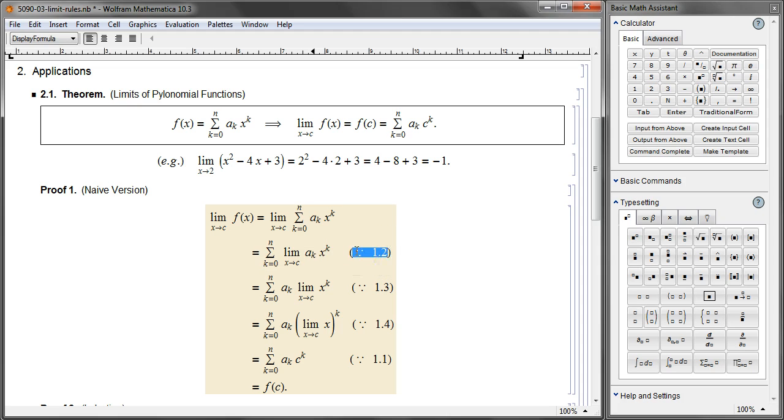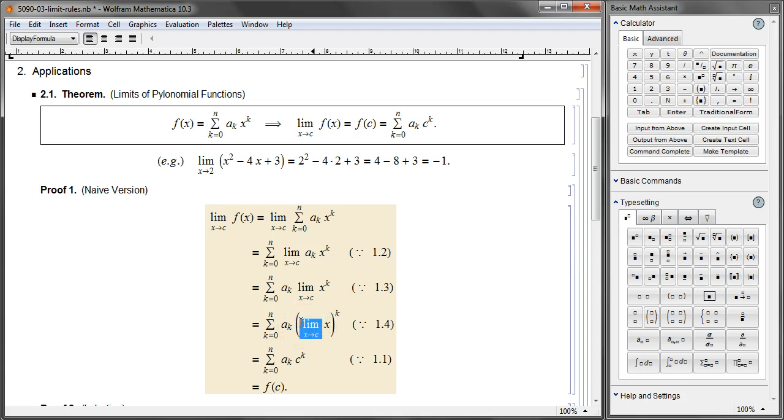Now if you use the coefficient rule on each of them, then the a_k coefficient can come out. And finally, if you use the multiplication rule 1.4 repeatedly, because this is x to the k power, x multiplied k times, the limit of the product is the product of the limits, and applying that repeatedly k times we get that.